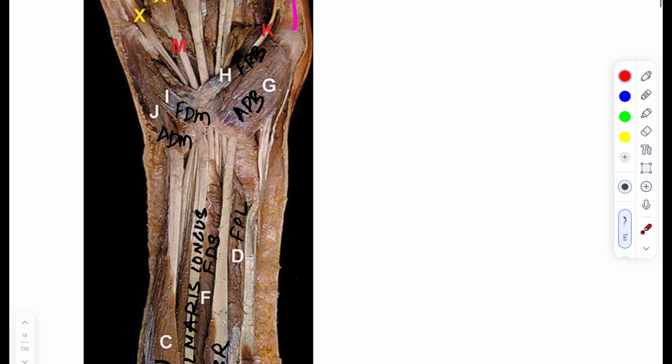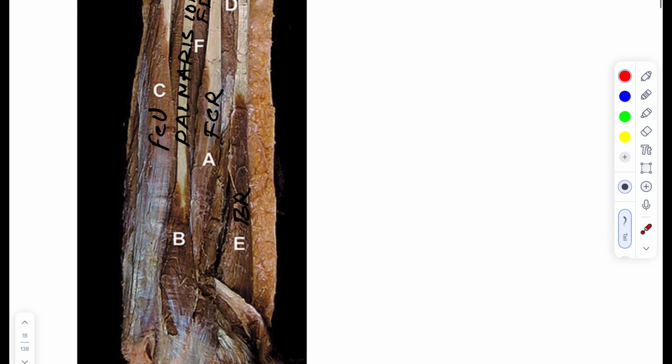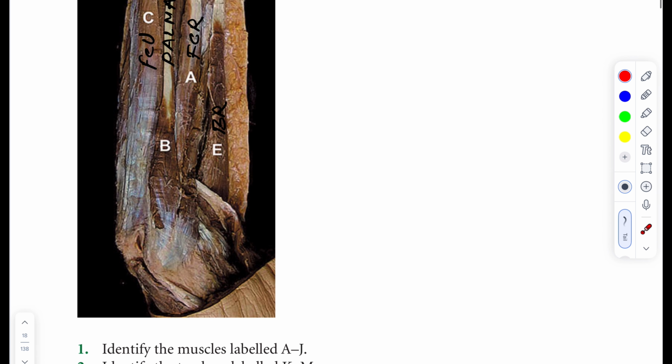When you see this part, there is the medial epicondyle and the lateral epicondyle. From the medial epicondyle you get five muscles: pronator teres, flexor carpi radialis, flexor carpi ulnaris, palmaris longus, and flexor digitorum superficialis.